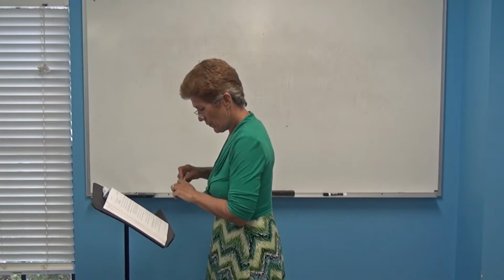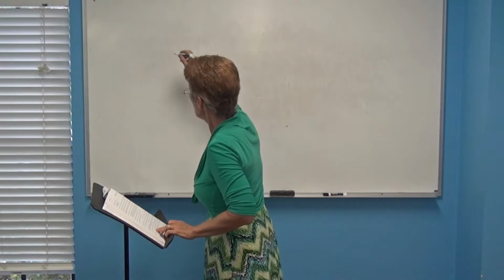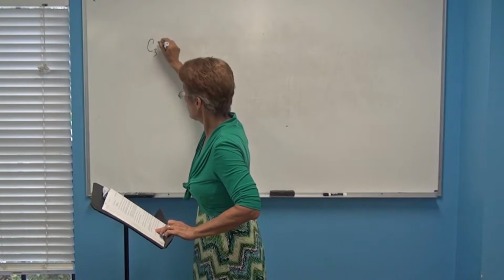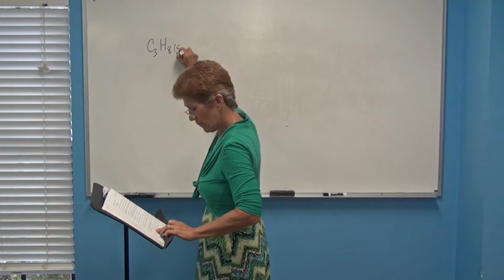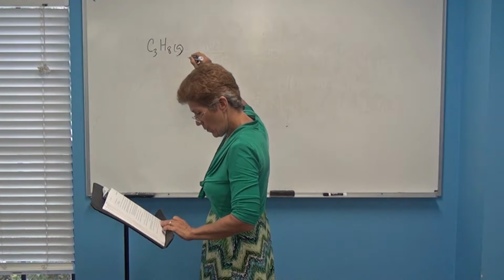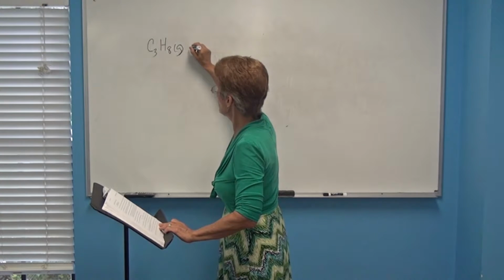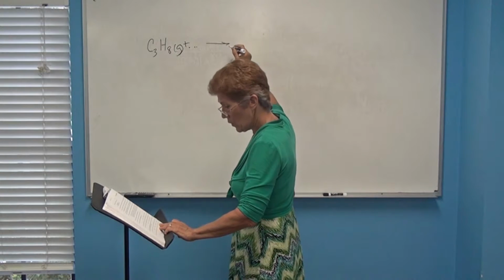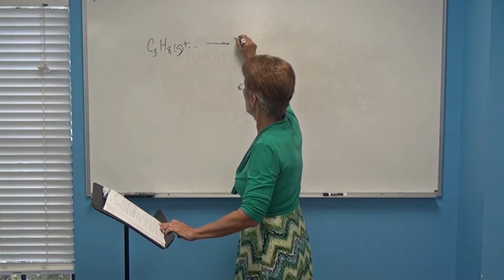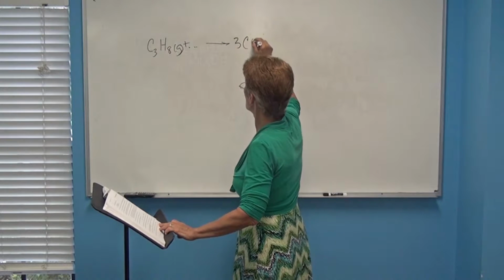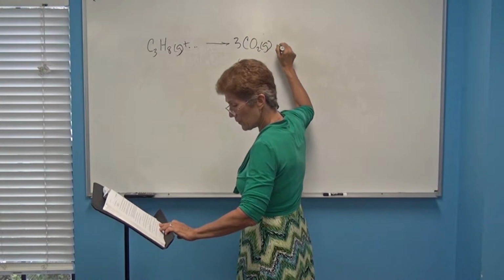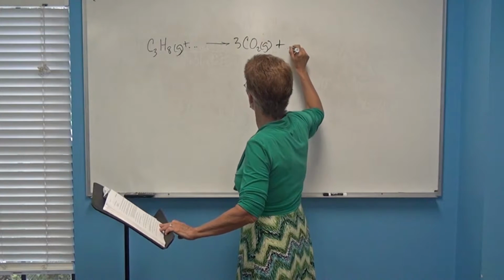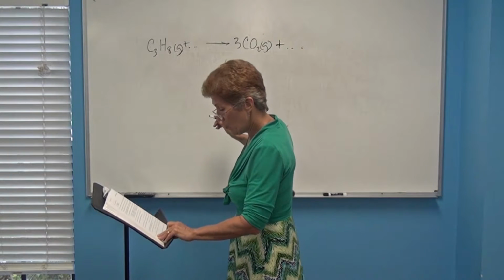Okay, so we go C3H8. And we want to know how much CO2. So I'm going to, let's do plus, cut to the chase. And we want to know CO2 gas.